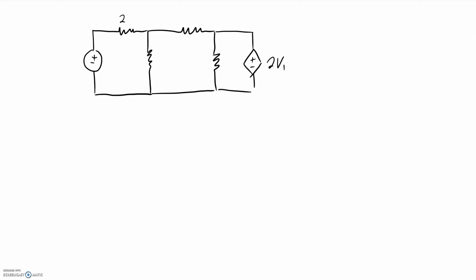So here is 2 ohm, 3 ohm, 4 ohm, 10 volts, 2 ohm, 5 ohm, and then the dependent source 2 V1. Where is the location of V1? So V1 I choose as here.